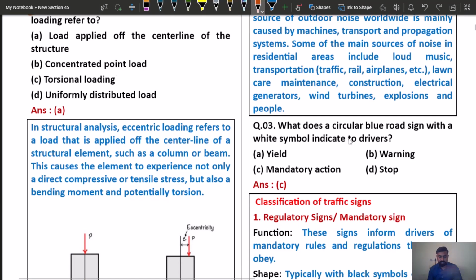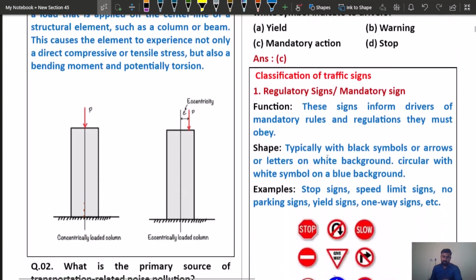If we are talking about the loads in the structural analysis, you can see here is a structural element that is called column, and here the load is acting at the center line of the structure. If the load is acting on the center line of the structure, this load will be called a concentric load.